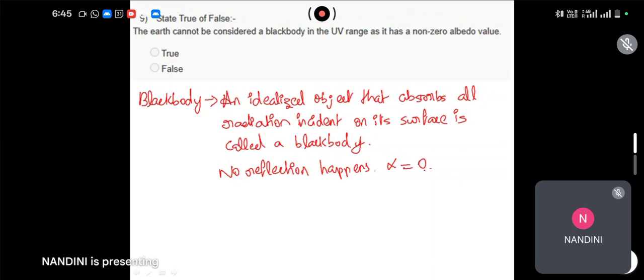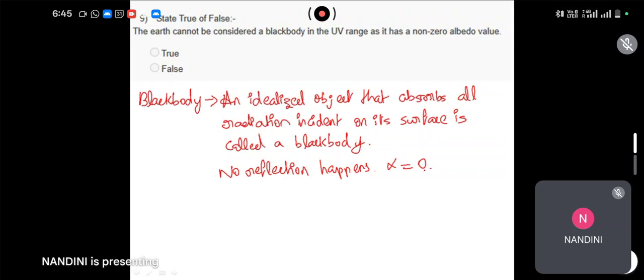So generally, Earth is considered to be a black body in the infrared range of the spectrum, where it primarily emits thermal radiation to space. And the Sun, with a surface temperature of around 6000 Kelvin, is also considered a black body, but in case of Earth, we are considering it to be a black body in the infrared emission range.